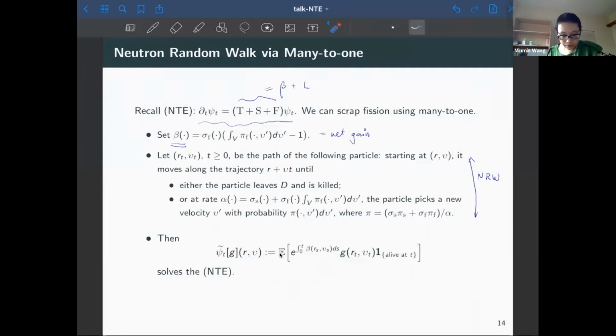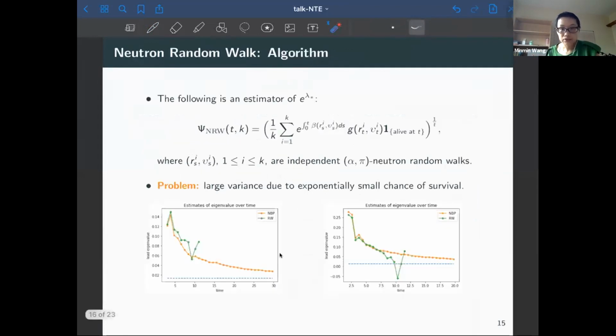So this formula very naturally leads to our second algorithm. This gives us another estimator for the lead eigenvalue, which is done by simulating k independent neutron random walks, and then checking if they are still alive at time t, and then taking the average of this quantity raised to the power 1/t.